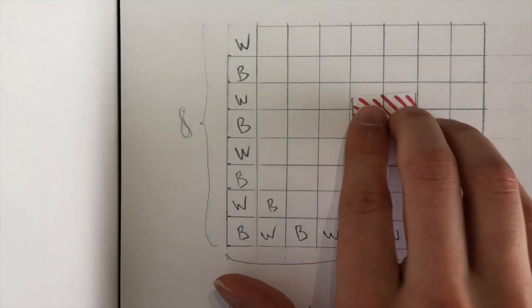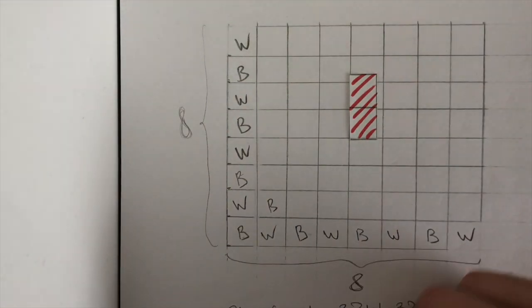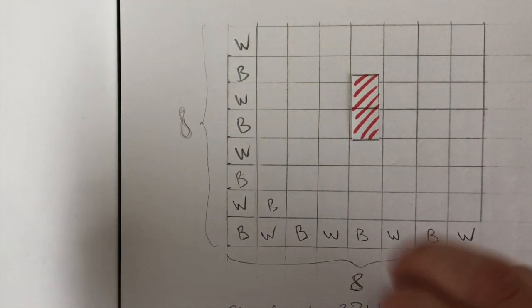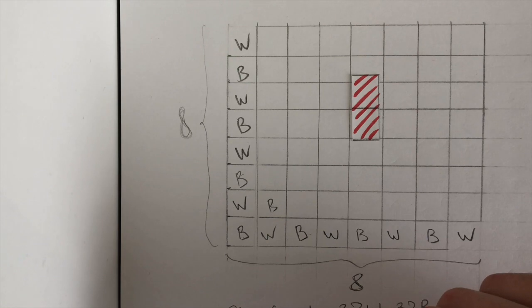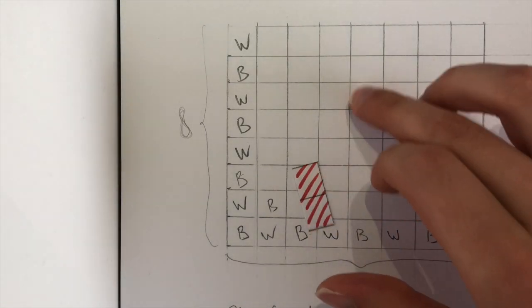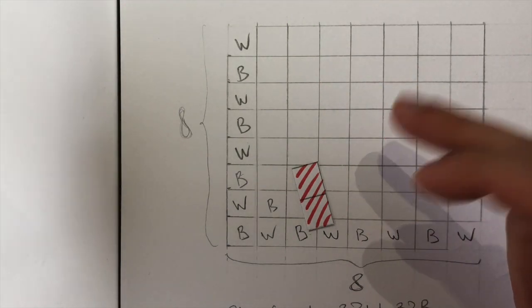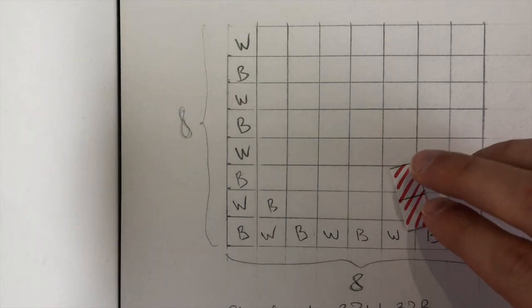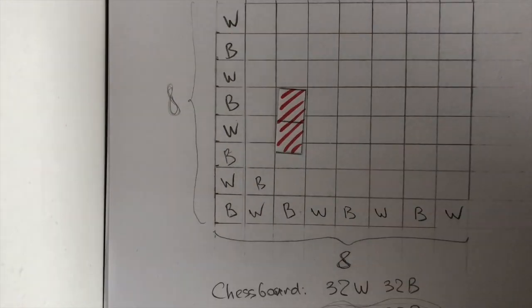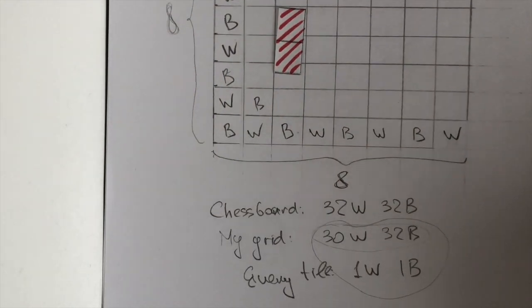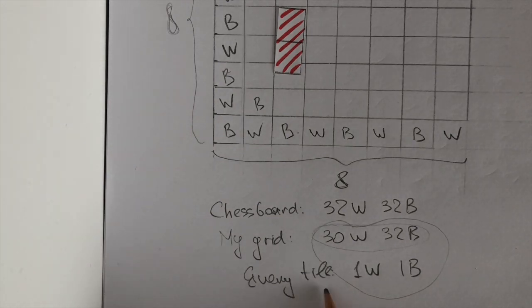Suppose that there is a position in your grid such that if you put your tile on it, it covers two same colors. Well, that means that in your grid you must have two adjacent cells of the same color, which is impossible by construction. If we write down our observation, we can write that every tile covers one white cell and one black cell.